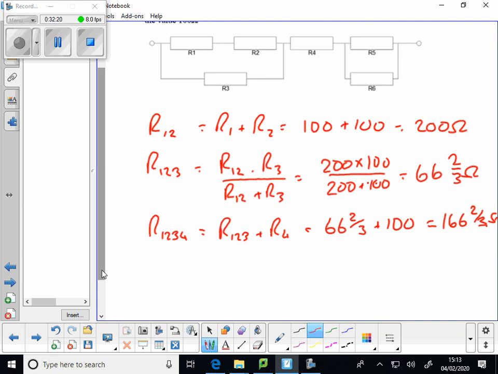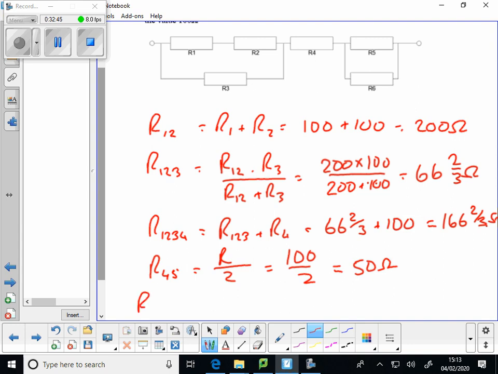Is there a quick one? Remember that both are 100? Yeah. So R45 is equal to R over 2. So 100 over 2 equals 50, because they're both the same, they just halve.